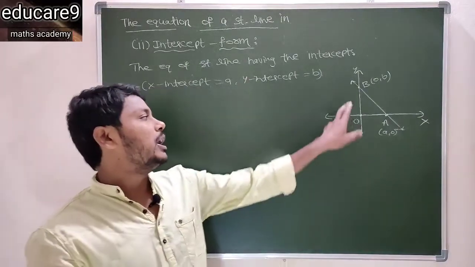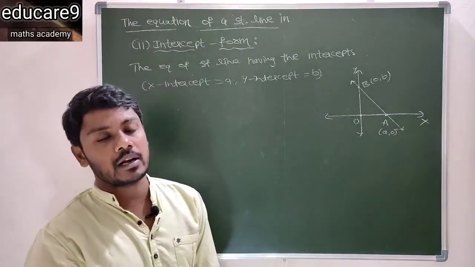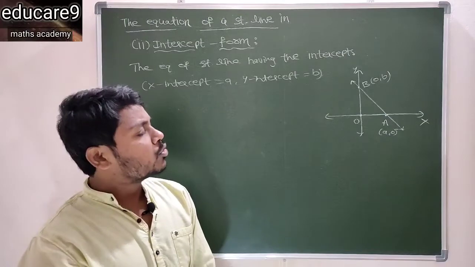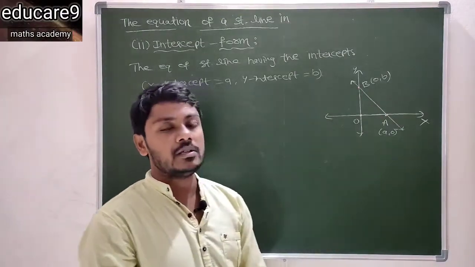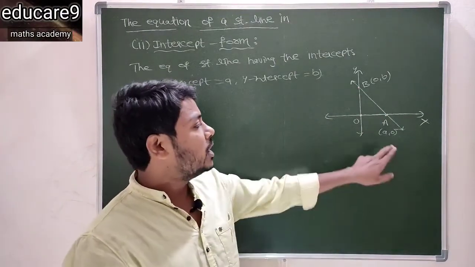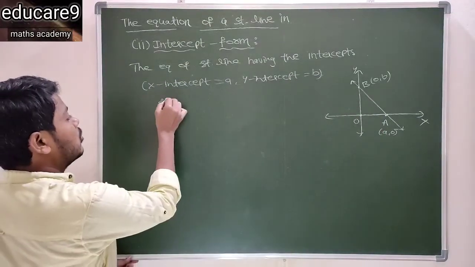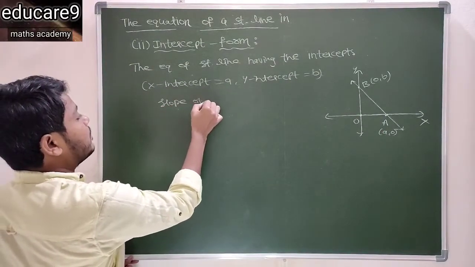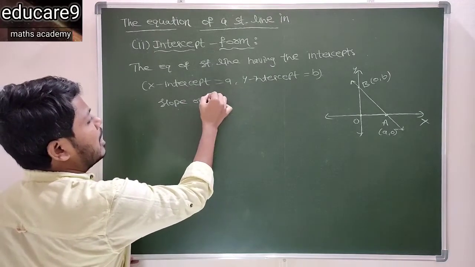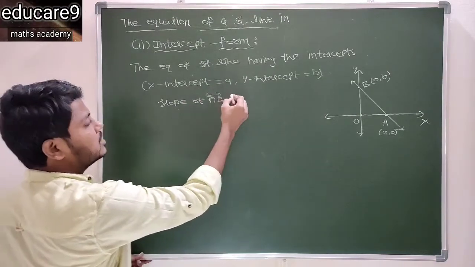In that case you need to find the equation of the straight line. How to find that equation? First you need to find the slope of that line. So the slope of line AB is equal to what?